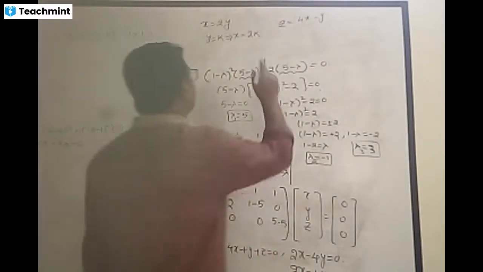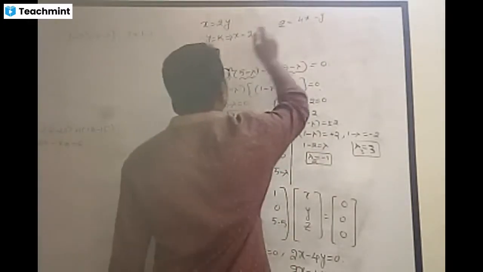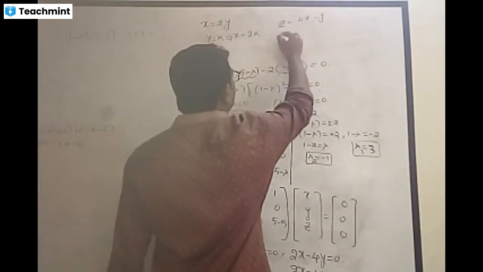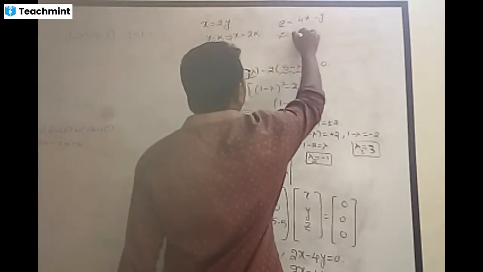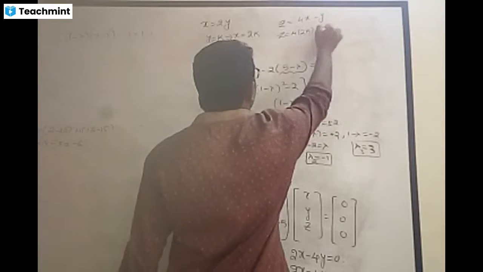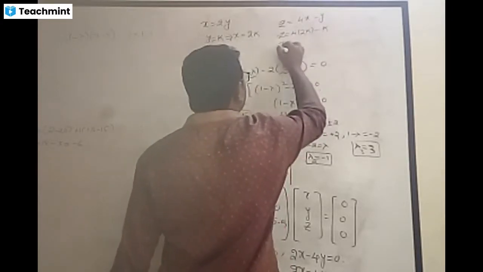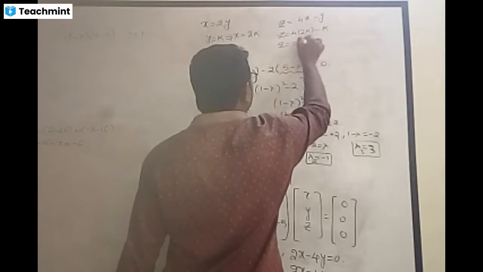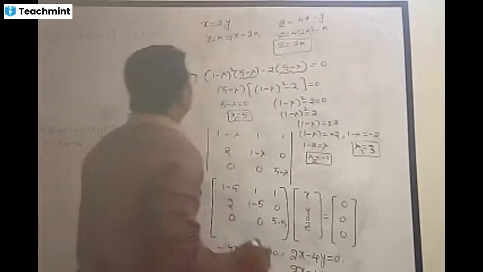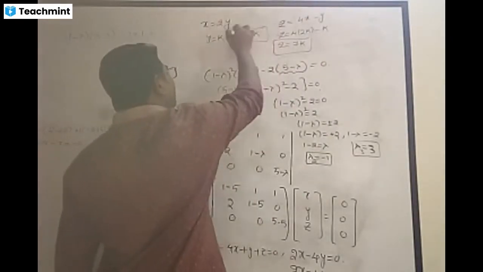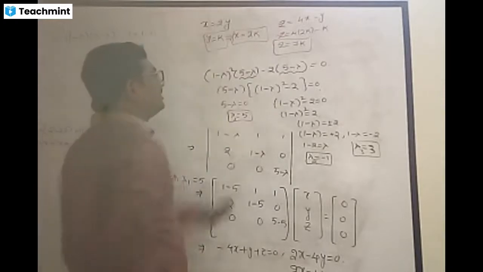With y equals k and x equals 2k, z equals 4 into 2k minus k, 8k minus k, 7k. So x equals 2k, y equals k, z equals 7k.